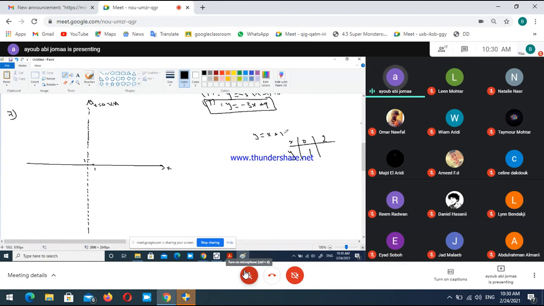If x equals 2, y equals 3. So you plot the point 0, 1 and the second point 2, 3. Now I join these 2 points.